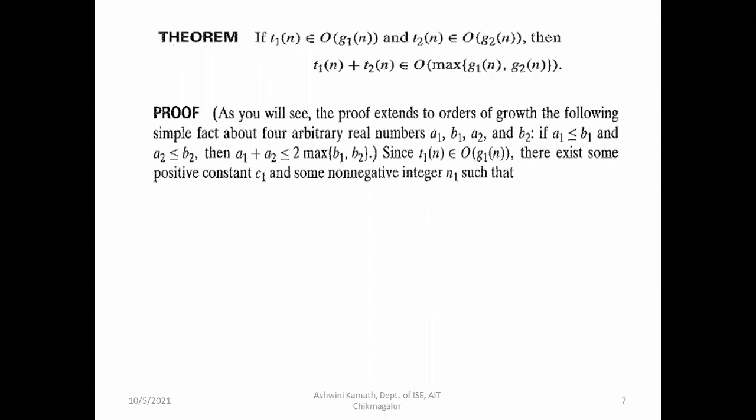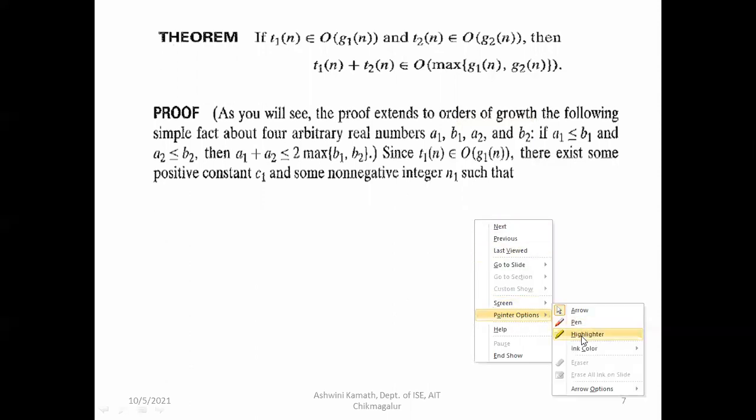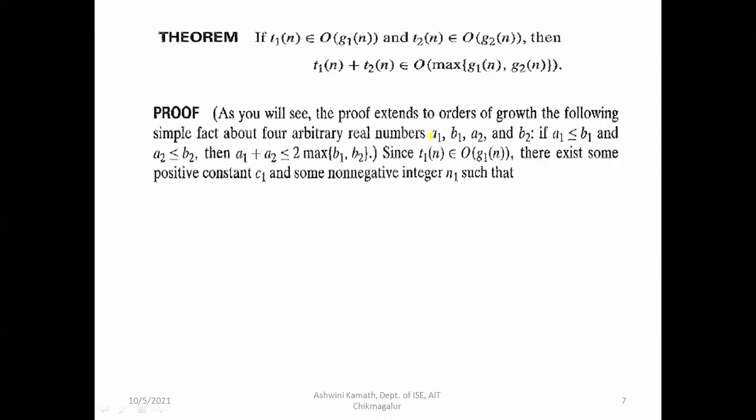Okay, this theorem is very important. The proof is, as we know, that when we take any real numbers or integer values, say a1, b1, a2 and b2, where a1 is less than or equal to b1 and a2 is less than or equal to b2, so a1 and a2 are lesser than b1 and b2 respectively.